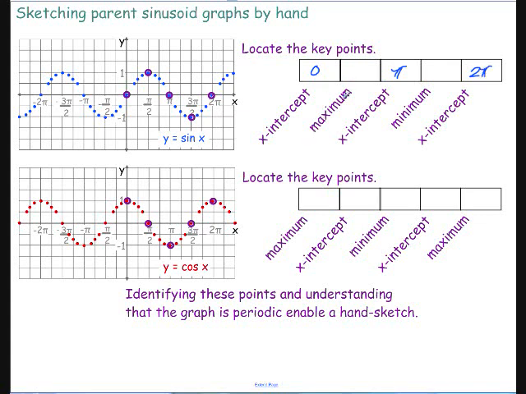So halfway between these is where I see my maximum of 1, which is at pi over 2. And midway between pi and 2 pi, I find 3 pi over 2. Now we know what my y value is for the minimum. It's -1. For my maximum, it's 1. And for all x-intercepts, it's 0. So these were my y values. And of course, these are my x values.